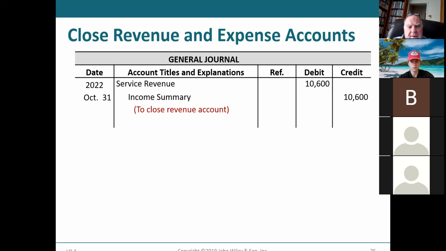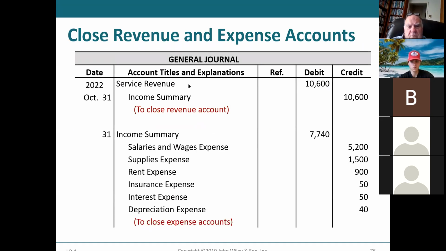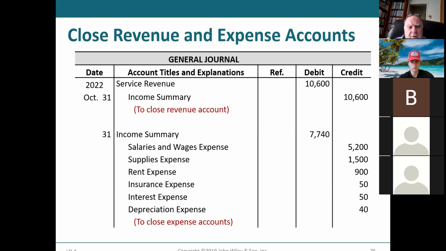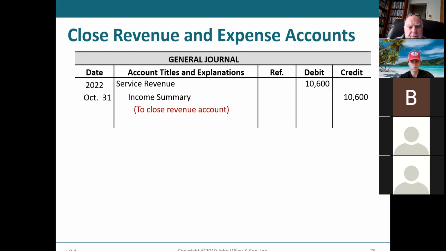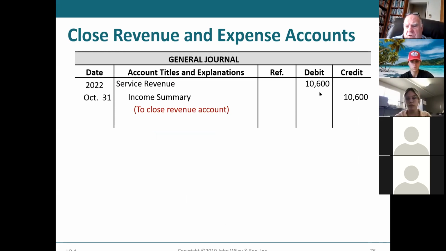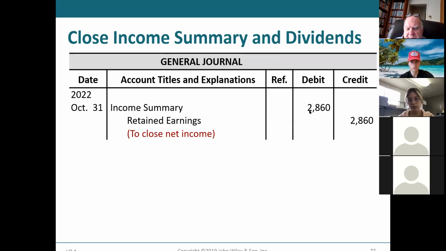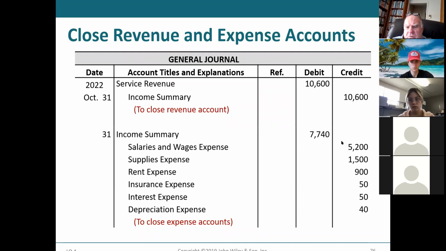So take a peek. Revenue has a credit balance. So how do we zero it out? With a debit. Now we have no more service revenue. We now credit income summary. We do the same thing with the expenses, except the expenses have a normal debit balance, so we're going to credit each expense and debit income summary.